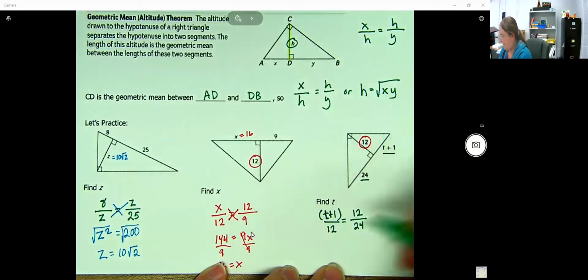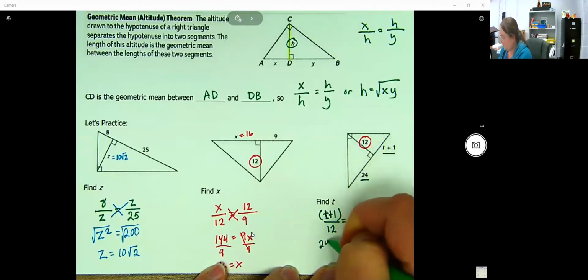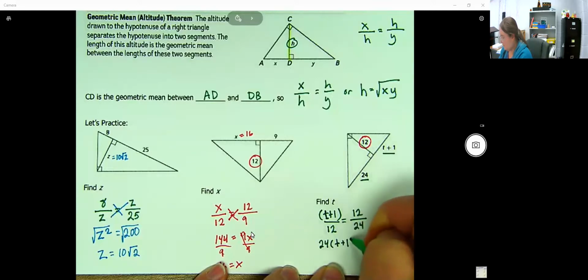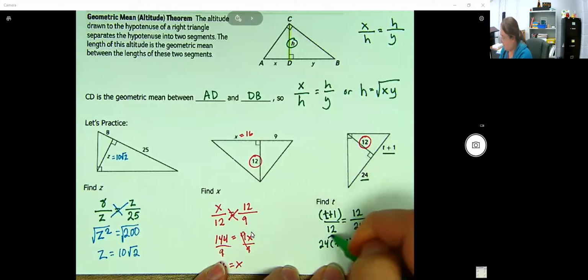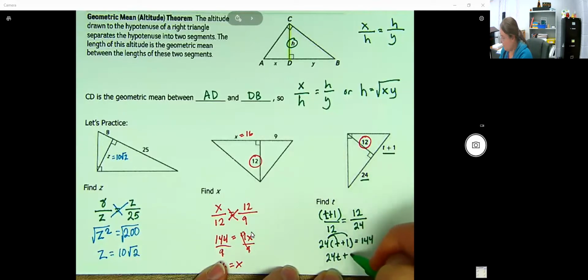All right, so then cross multiply. So 24 times t plus 1 is equal to 144. Then you want to distribute, right? So multiply 24 times t and 24 times 1. So 24t plus 24 is equal to 144.